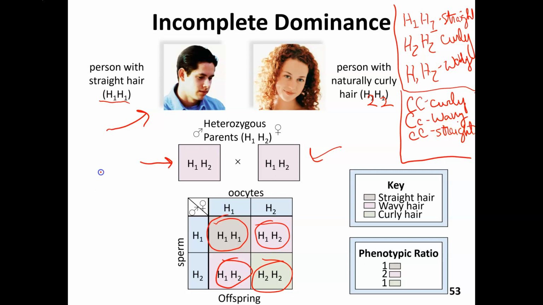So then I'm going to go over here. So what mom would have been big C. Dad would have been little c, okay? So now we have heterozygous offspring. So I'm going to put that over here, and I'm going to put big C, big C, little c.